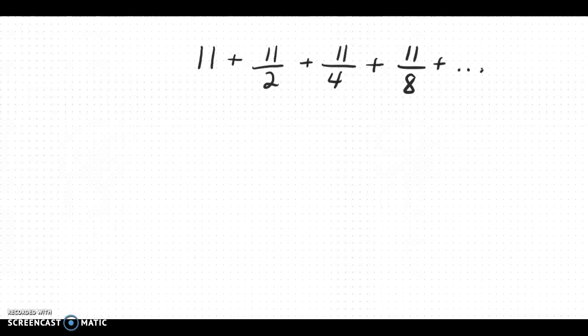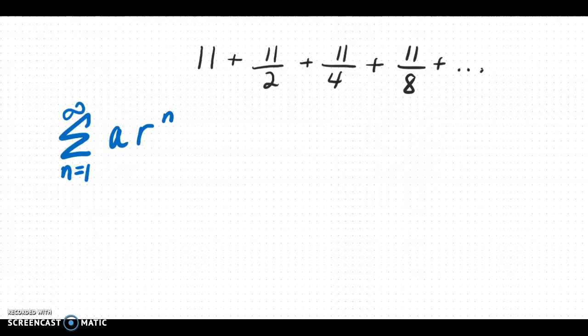So if I was to write this in the general form, this is my general form. And we've got A times the common ratio to the nth power.